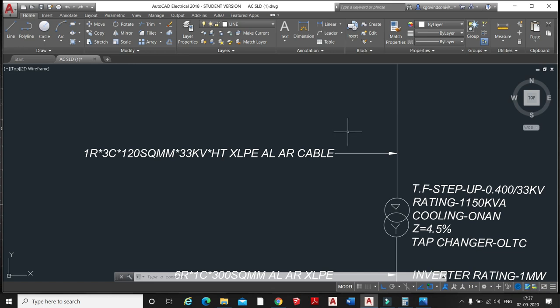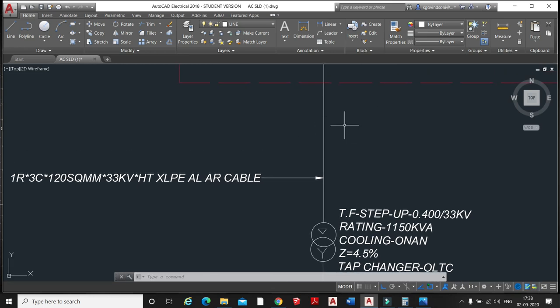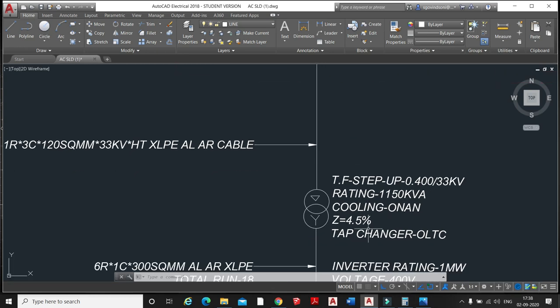This is your HT side cable selection, and we follow IS 7098 part 1 for the LT side and 7098 part 2 for the HT side. The starting cable for the HT side is 120 square mm aluminum armored cable. So we choose a 120 square mm 33 kV HT XLPE armored aluminum cable for the HT side, because the current is very minimum, as we step up the voltage, and current and voltage are inversely proportional to each other.